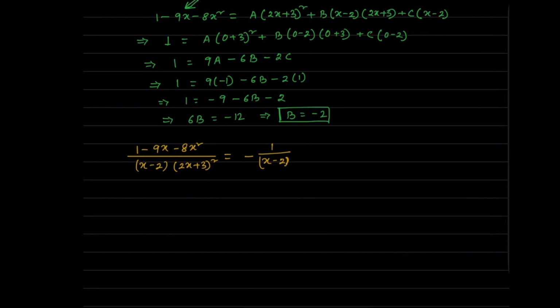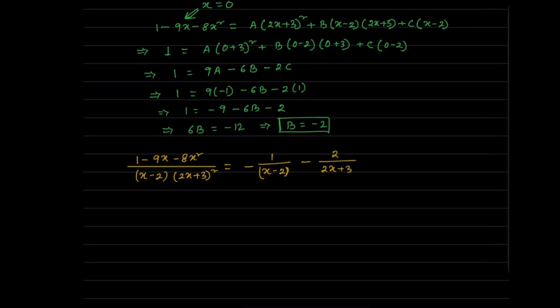Then we have our b value, which is minus 2, so minus 2 by 2x plus 3, and then our c value is positive, so we can write plus 1 by (2x plus 3) whole square. So that's the answer.